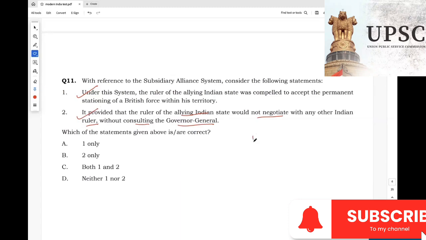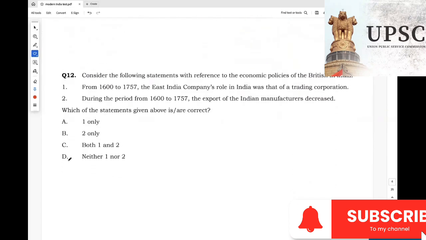So if there is a subsidiary alliance, let's say in Hyderabad and Mysore, their linkages will always have the British Governor General in between. Otherwise, they cannot have any kind of negotiation on any matter. No negotiation possible. Between them, it is the Britishers, who will act as a mediator. Next one.